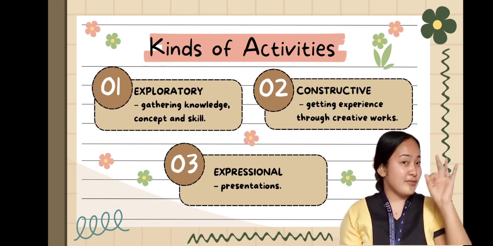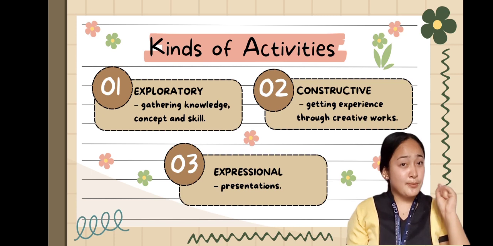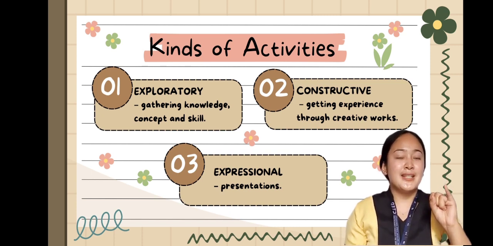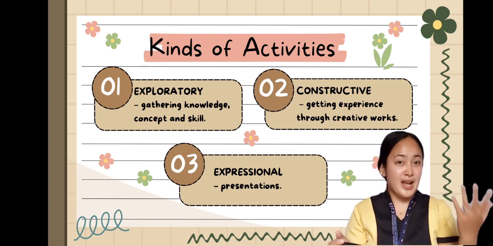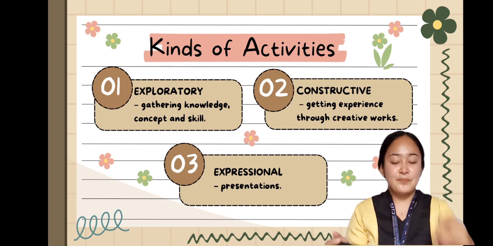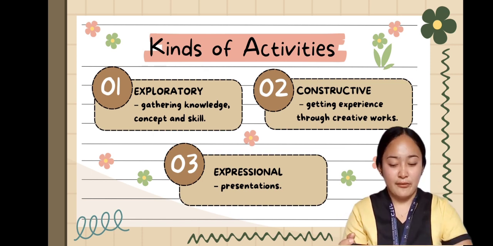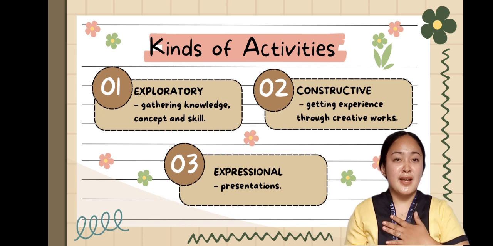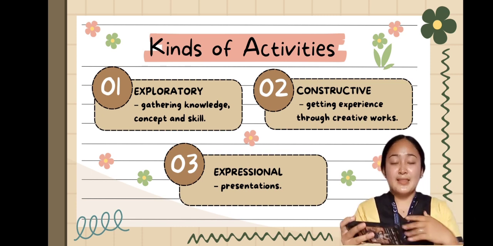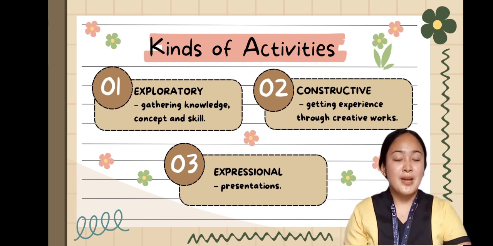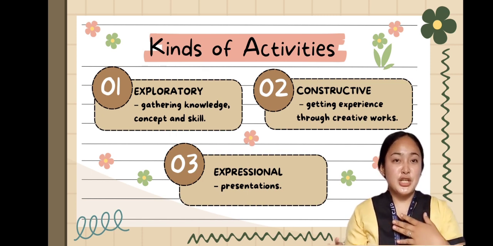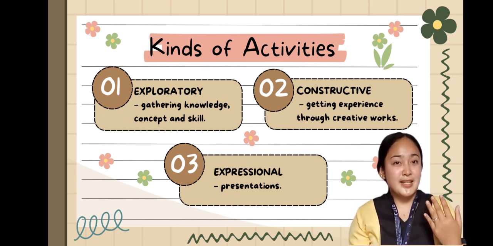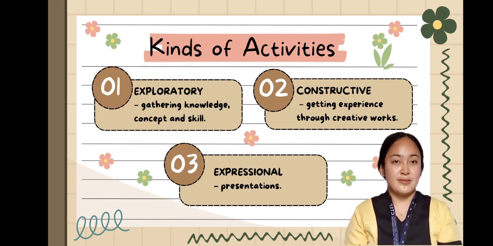And lastly, expressional. Exploratory is the way students explore to gain knowledge, concepts, and skills. Constructive is the way students get to experience creative work. Expressional is the way students make or create presentations to express their feelings, ideas, and others.